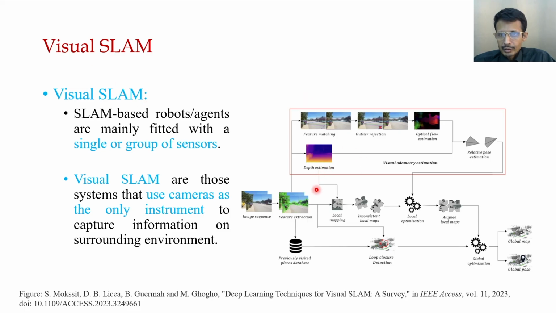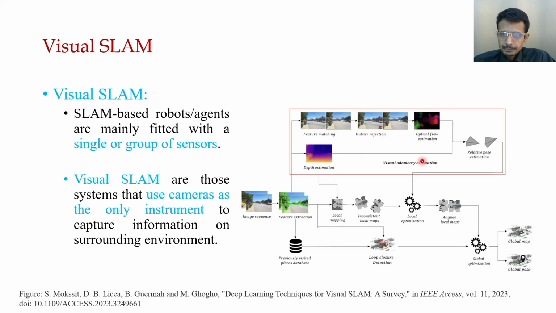This is a very overall diagram. This is the image sequence. Then the features are extracted. This is a kind of front end. Sometimes, loosely speaking, it is similar to something already existing, the visual odometry. The front end is very similar to visual odometry: feature matching, outlier rejection, optical flow estimation, pose estimation.